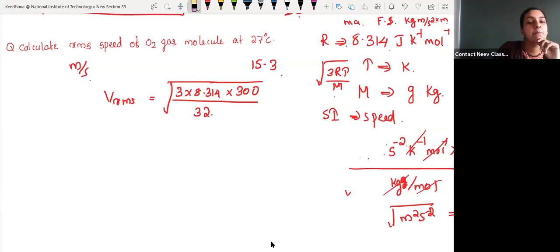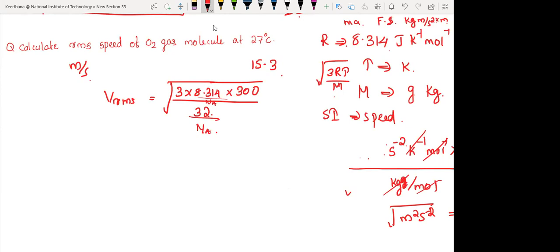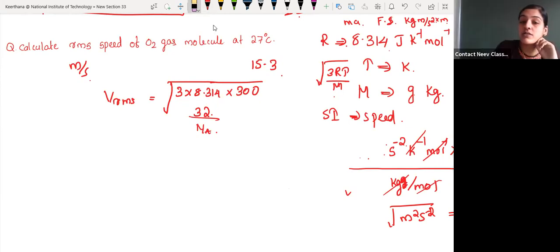But it will be the same. Actually, it will be the same if you are writing by Na, by Na. Okay, ma'am. It's 400 something, just calculate. It is near 500.